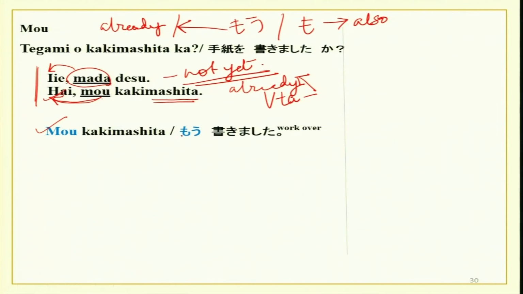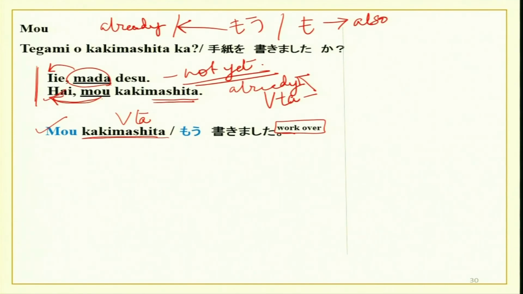So, in past form like this, verb in ta form or mashita form, work is over. It has been done, completed. "Mo kakimashita. Tanaka-san wa doko?" "Mo kairimashita." He has already returned. "Gohan o tabemashita ka?" "Hai, mo tabemashita."